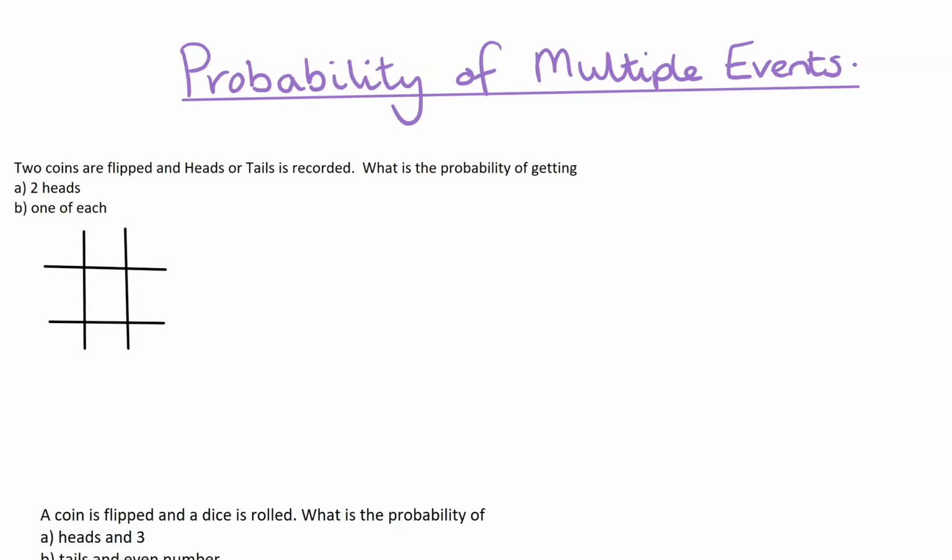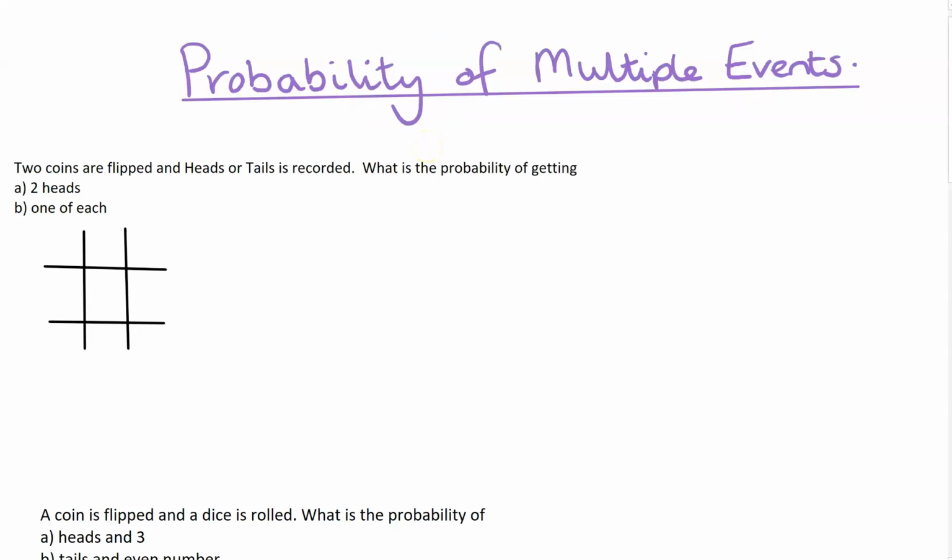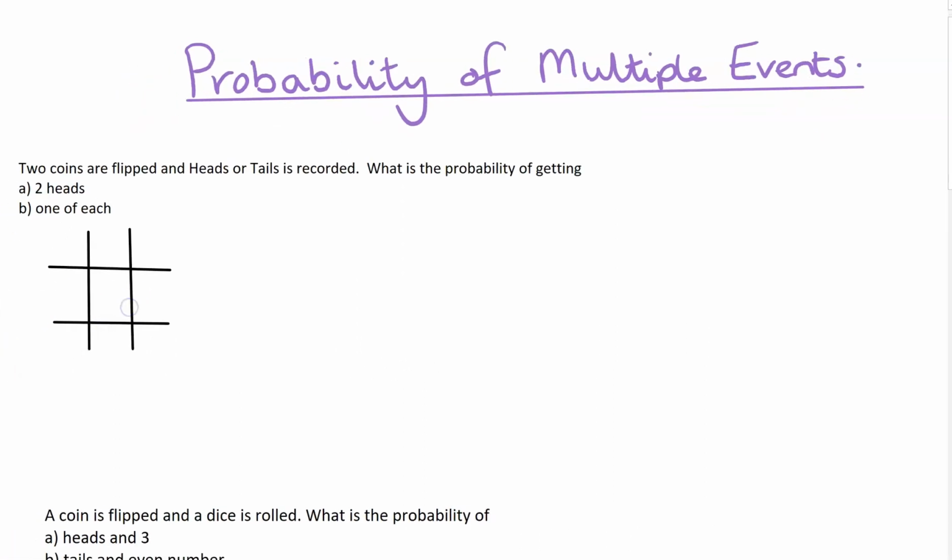So we have 2 coins that are flipped. We have heads and tails recorded. What is the probability of getting 2 heads? So this little grid here is called a sample space, and that is where you can record all your results. So 2 coins are flipped. So on the first coin, your options were heads and tails. On the second coin, the options are still heads and tails.